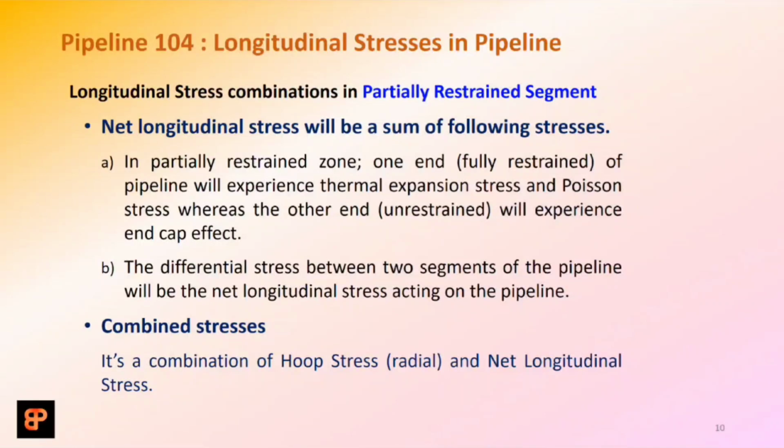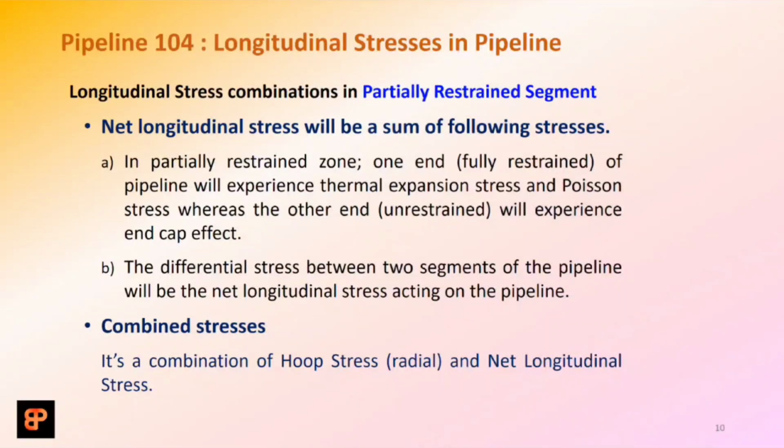The fully restrained segment will have certain stresses acting, and the unrestrained segment will have the end cap effect, because bending will be just related to the support span. So let's neglect that. So the end cap effect, and the fully restrained thermal and Poisson combination and the laying stress combination. If you take a differential of these two stresses, the net longitudinal stress acting in the partially restrained zone can be calculated.